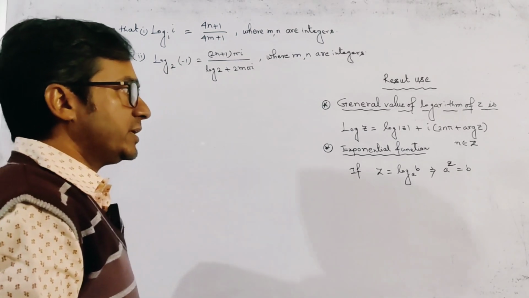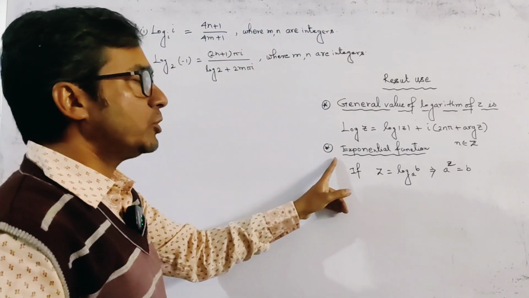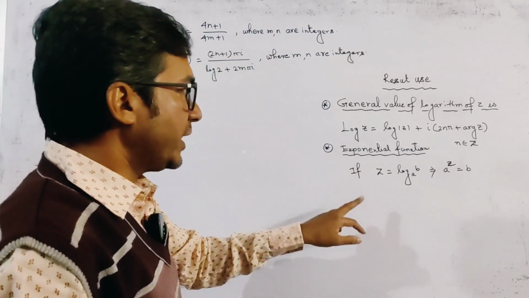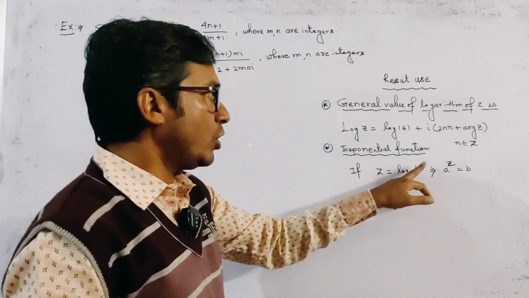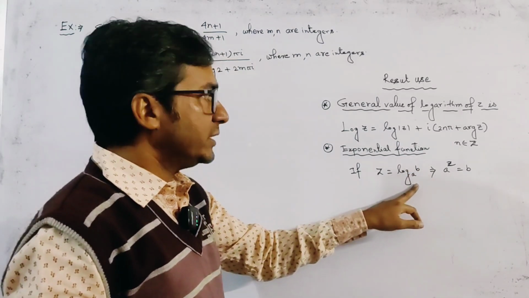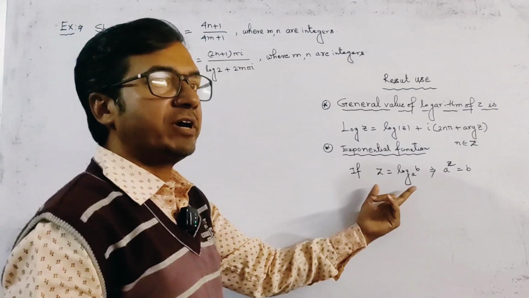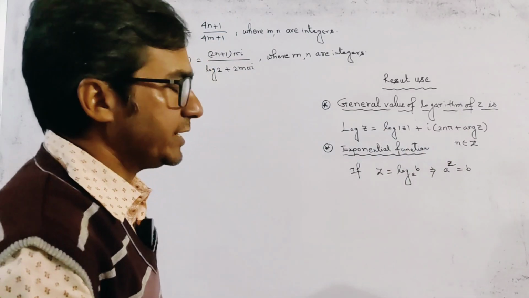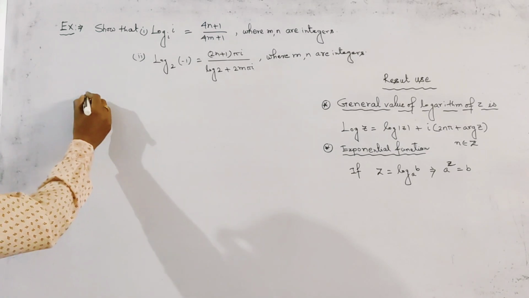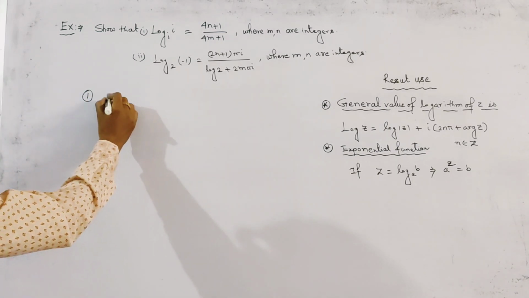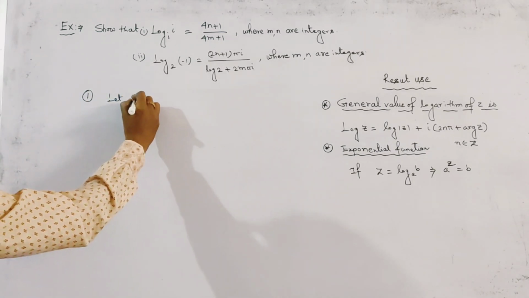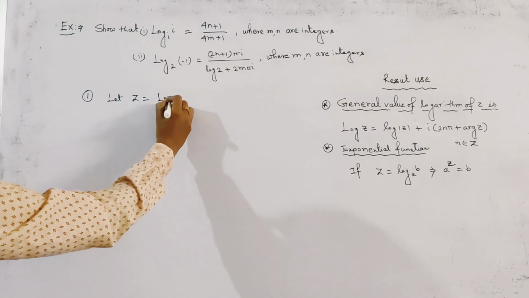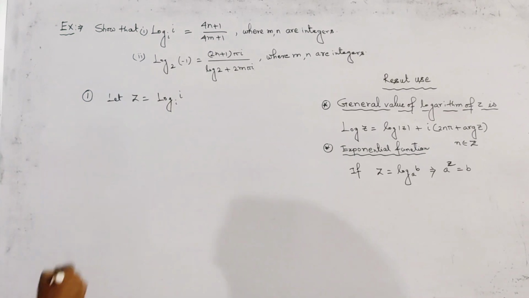The second property is the definition of the exponential function, which is given by: if z is equal to log b base a, then a to the power z is equal to b. Now for the first problem, we first let z be the complex number, capital Log of i base i.